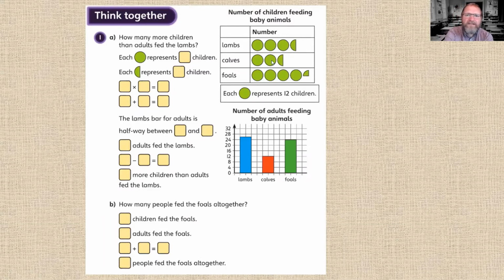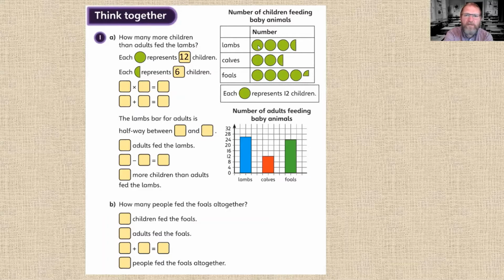Okay, let's have a look at the pictogram first, and we can see we've got circles, and a whole circle represents 12 children. So each circle represents 12 children. So a half a circle represents half that amount. So half of 12 is 6. Now it says, how many more children than adults fed the lambs? So how many children fed the lambs?